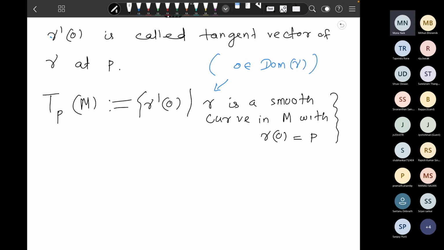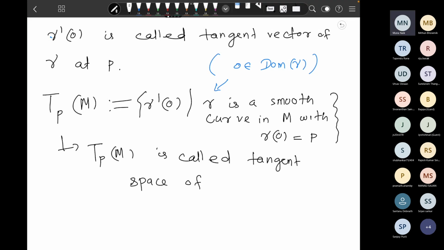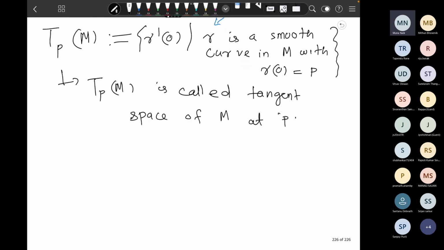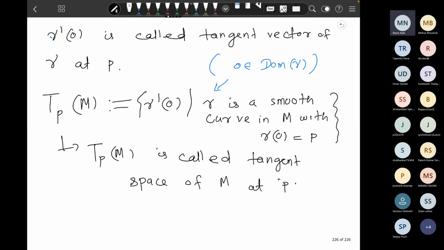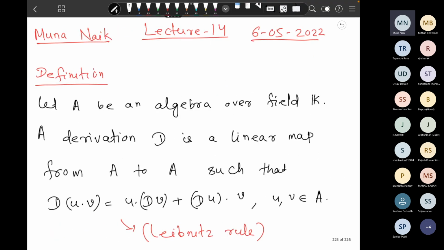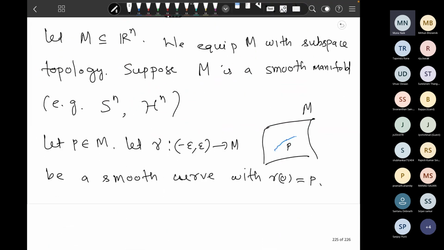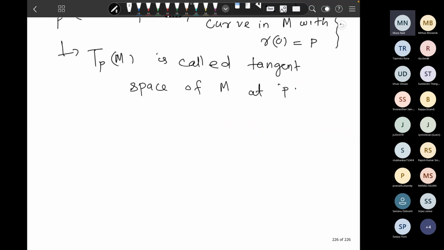So this T_pM is called the tangent space of M at p. Since gamma(t) belongs to R^n, when you take the derivative, T_pM is a subset of R^n.